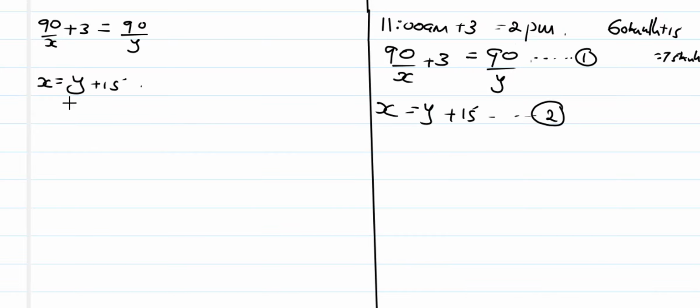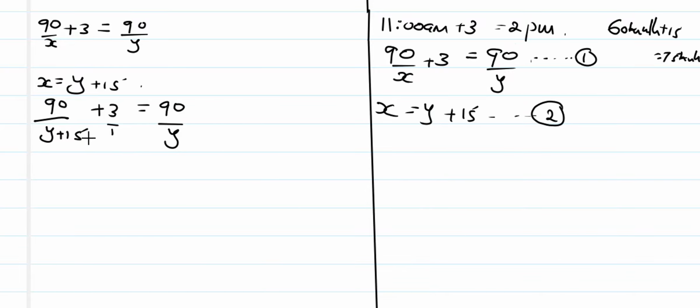So if I do that, it will be 90 over y plus 15, now plus 3, equals 90 divided by y. But I can put this 3 over 1. Now we need to find the LCM.